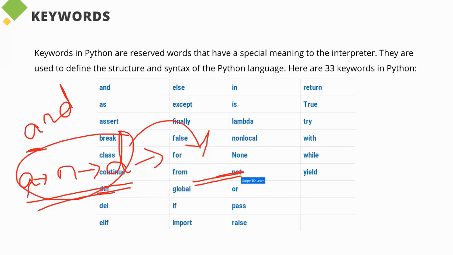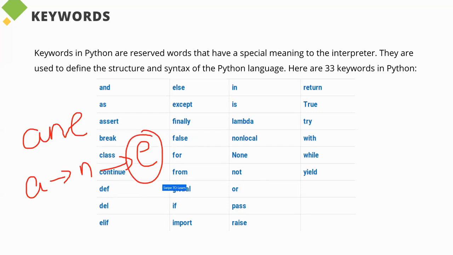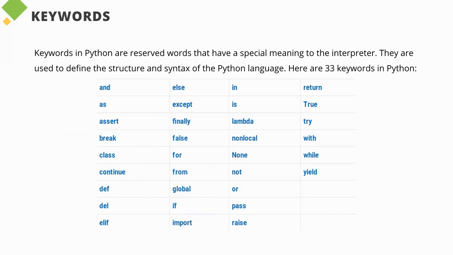Say if it is a, n, e: a is matched, n is matched, and then you encounter e. So this is not a valid keyword, right? So it takes this as a variable and assigns it something, whatever you give. You can see in the theory of computation where the letters are mapped and used.